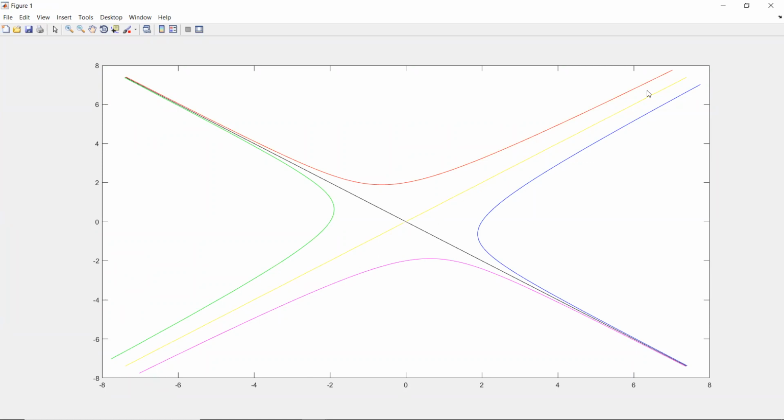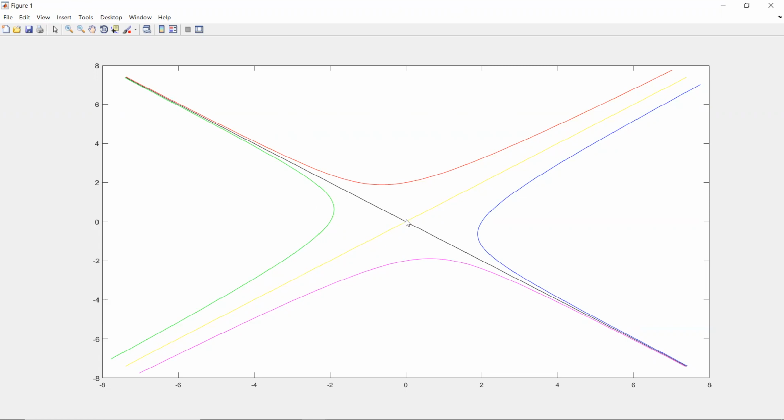So 2 degenerate solutions, yellow and black, and then those curves which go from yellow to black curve in the asymptote, once t is negative and once t is positive.